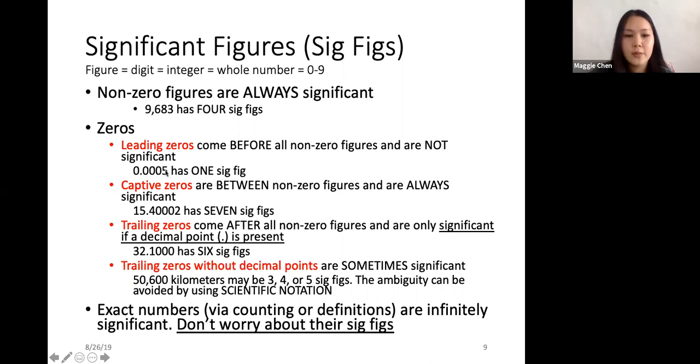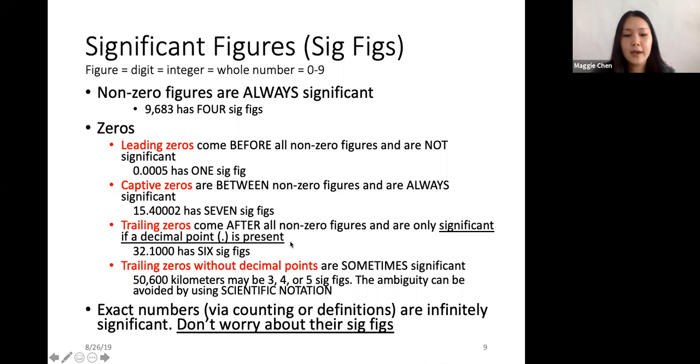So for this example, we only have 1 sig fig. Captive zeros are between non-zero figures and are always significant. So if we're looking at 15.40002, these zeros in between the 4 and 2 are captive zeros. So they are significant. Therefore, we have 7 significant figures.